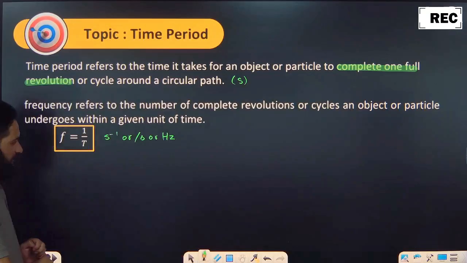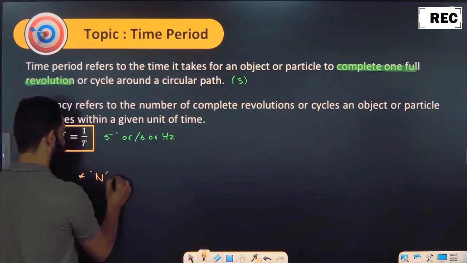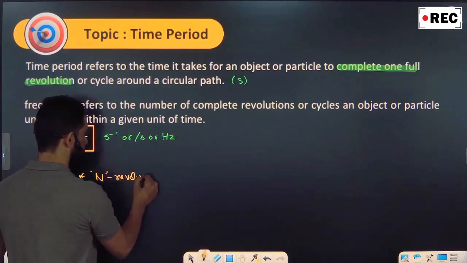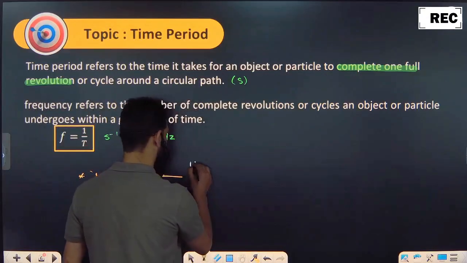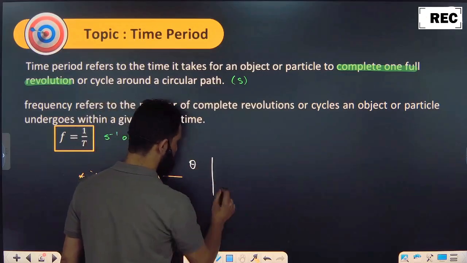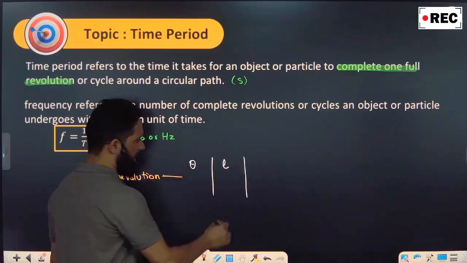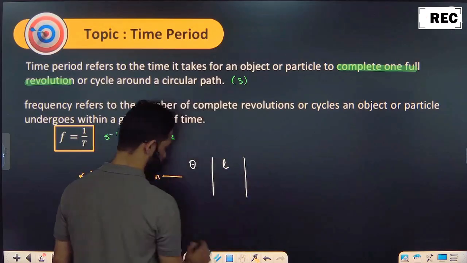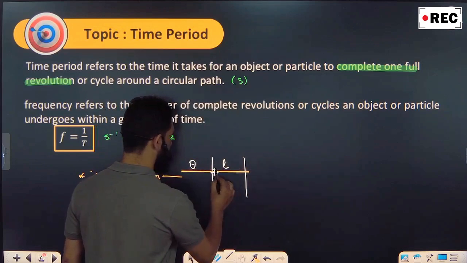Can you tell me, if I say a particle is covering n revolutions, in n revolutions, how much is the angular displacement covered? Also, how much is the total length of the arc subtended? First of all, in n revolutions, how much?